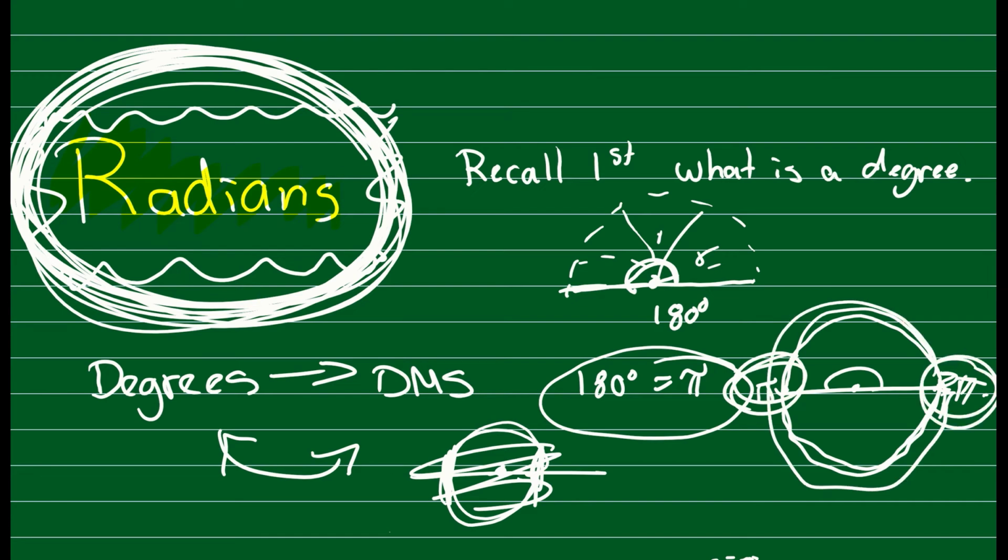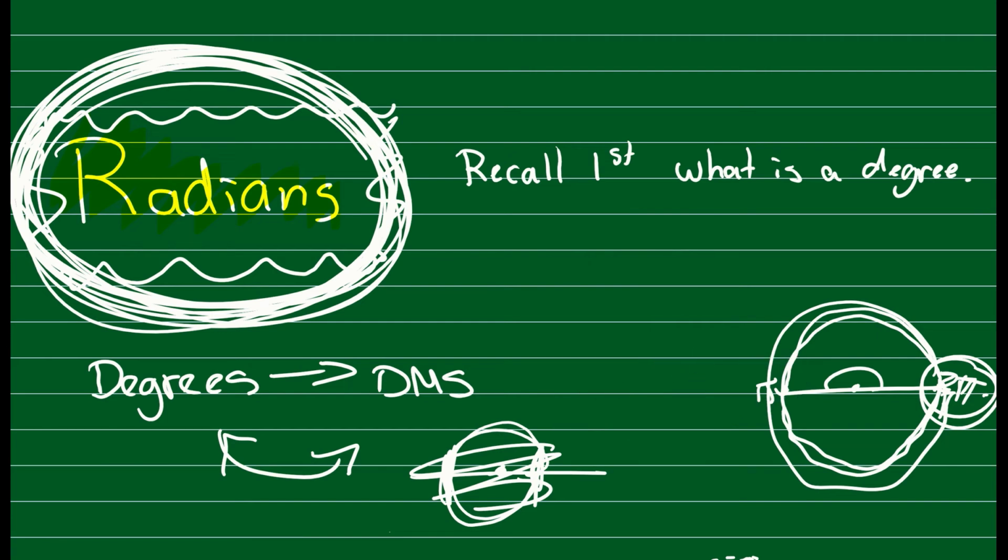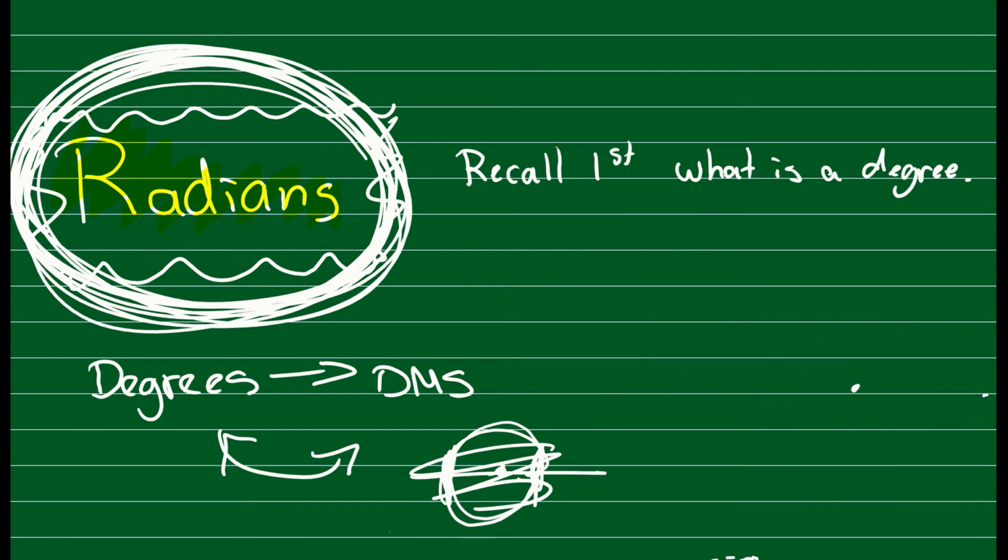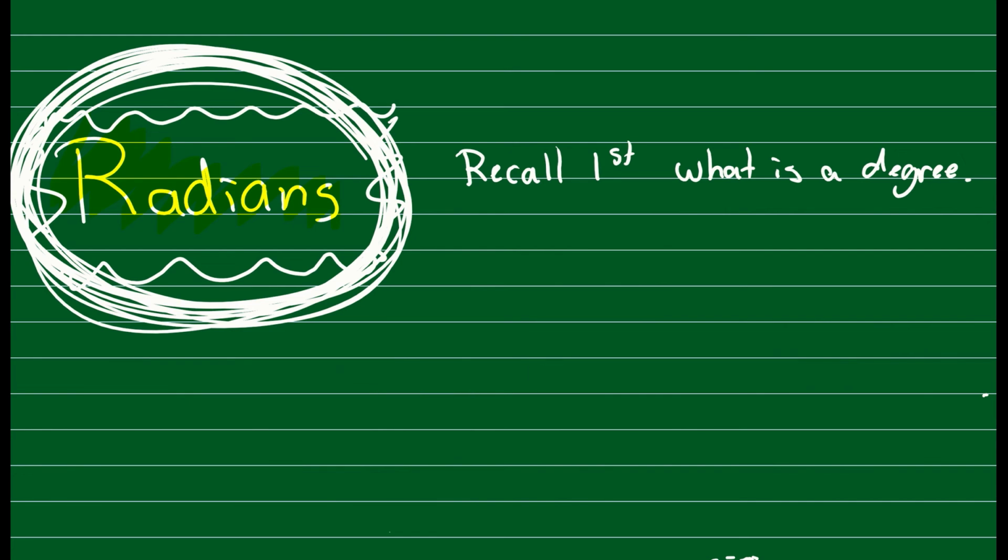And the reason why 180 degrees is equal to pi has to do with a circle, a nice little circle of radius 1. I show you here. First of all, a circle of radius 1, and the circumference is pi times the diameter, right? 2 times r.